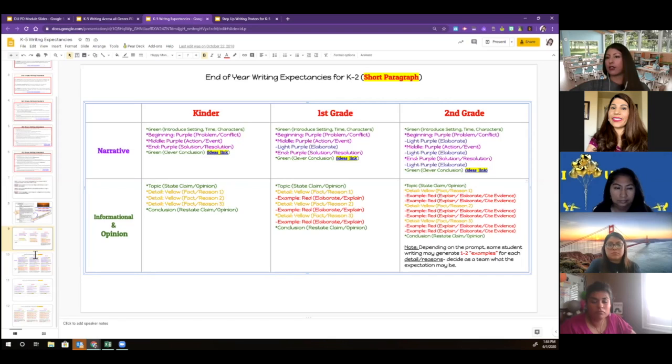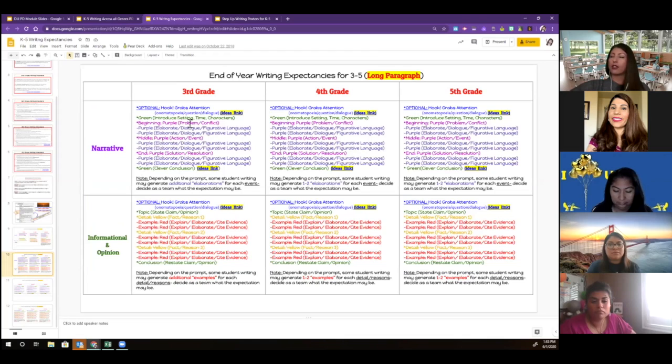And so then when we get to slide 10, we are going to see here the 3rd through 5th grade expectations, and you'll notice that 3rd, 4th, and 5th have the same expectations, because it's going to take more than just 1 year to master how to structure and organize an essay.